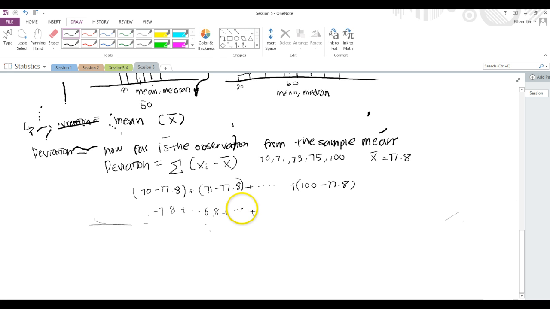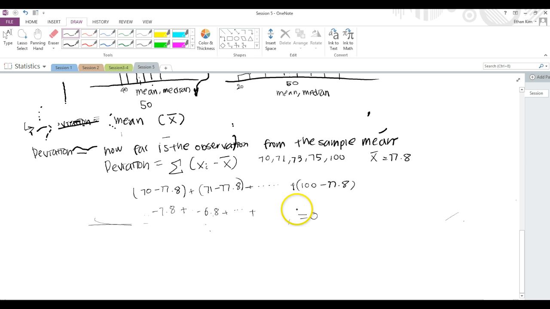If we add these up, what do you think we're going to get? We are going to get 0. That is the definition of the mean, because when we're looking for the mean, we're looking for the center of the observations. When we add all the deviations together, we should get 0, because that is the center of all your values, and that is the definition of x bar, the mean.